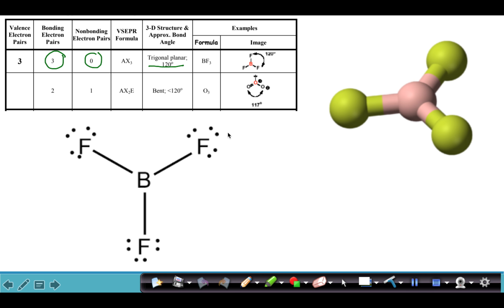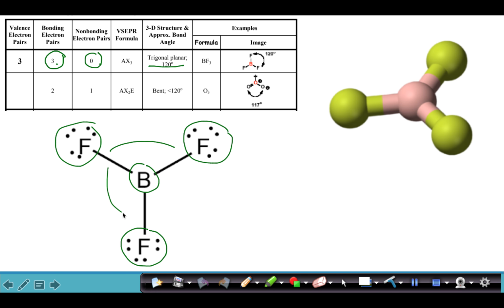So look, we have 1, 2, 3 atoms bonded and no lone pairs on this central atom. So 3 atoms bonded, no lone pairs, trigonal planar. These are flat, and the bond angle between each of the atoms is 120 degrees.